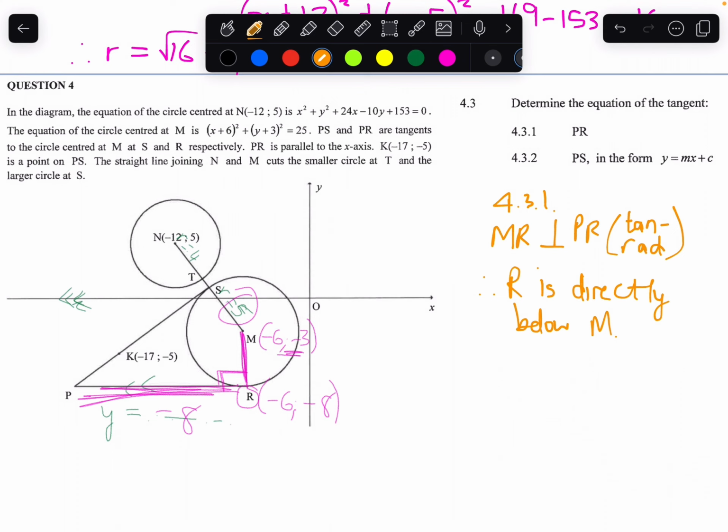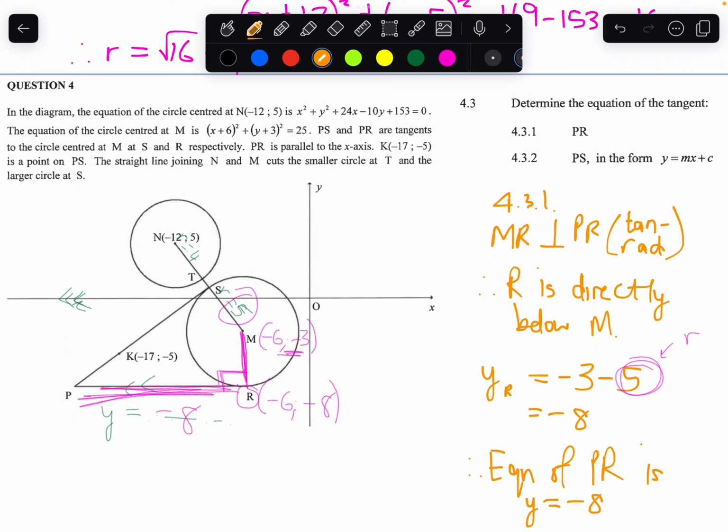So the knowledge that we're applying is therefore the y-coordinate of R is going to be equal to -3 minus 5. Okay, where again, just reminding ourselves, this is the length of the radius. Okay, and so from there, therefore, equation of PR is y is equal to -8.